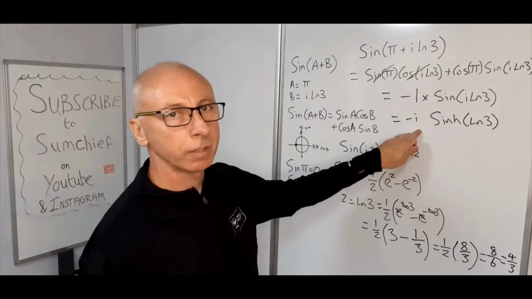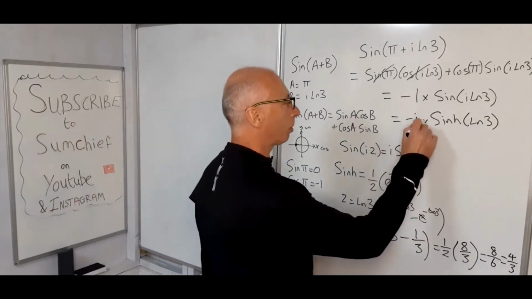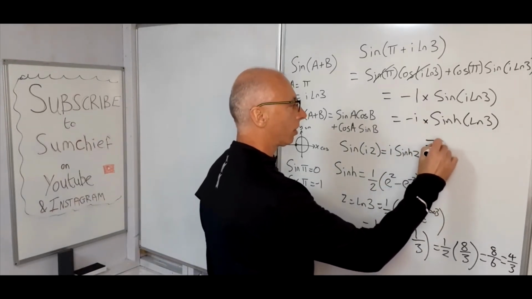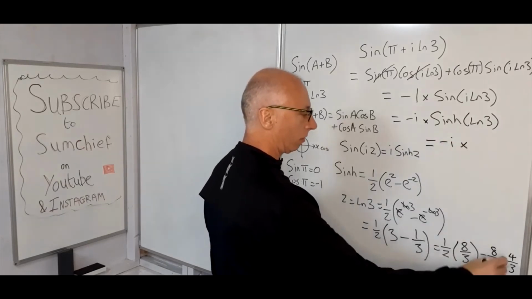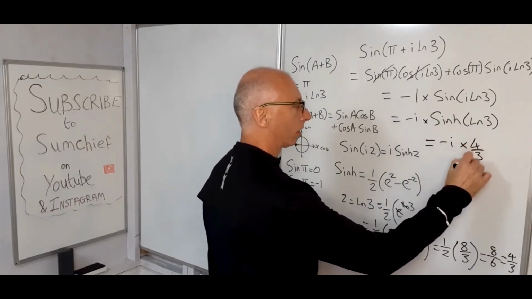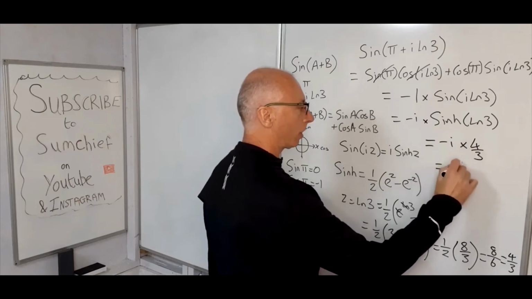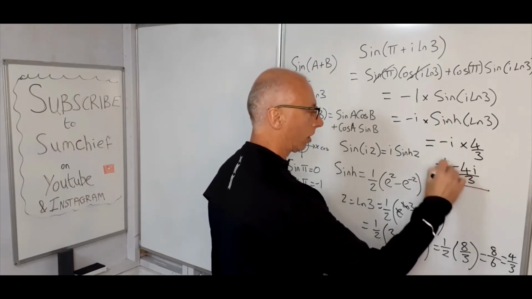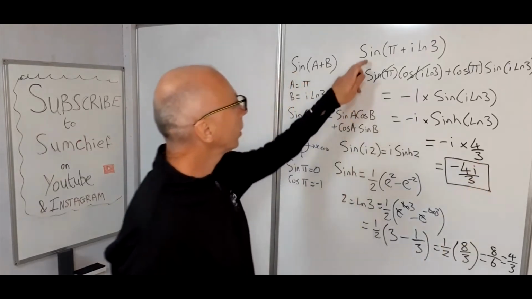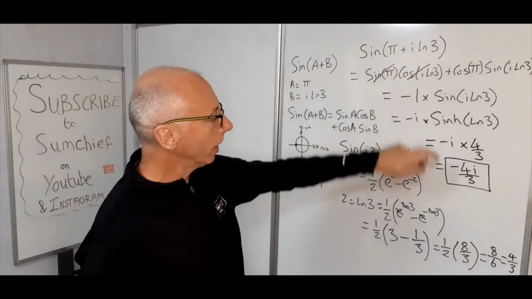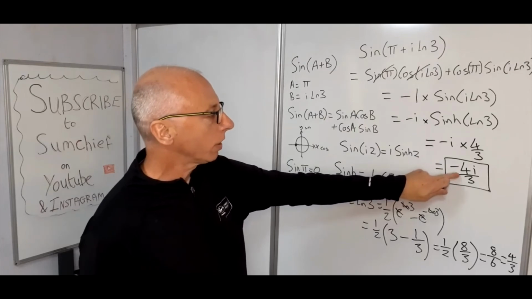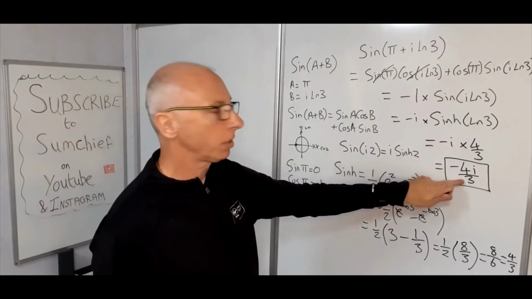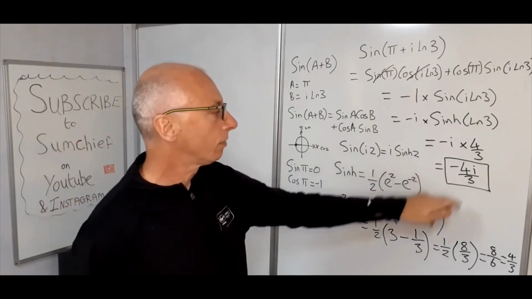We need to plug in the minus i in there as well, because that's a multiplication. So then that gives us minus i times 4 over 3, which equals minus 4i over 3. So starting off with this crazy input for sine, we come to the end of minus 4i over 3, which is our answer in Cartesian form.